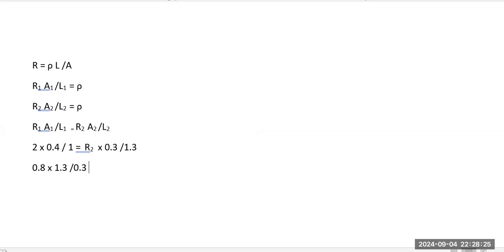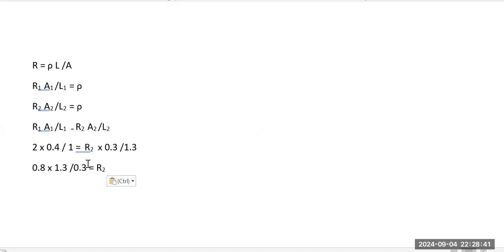In this way you can easily find the value of R2: 0.8 multiplied by 1.3 divided by 0.3.